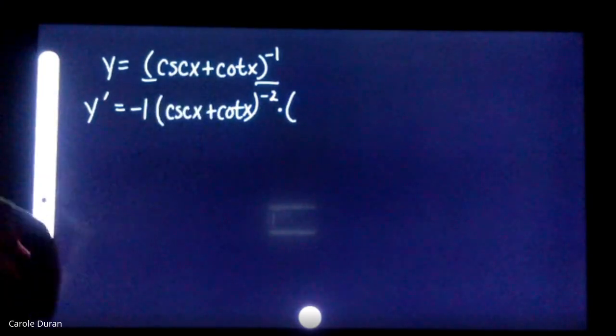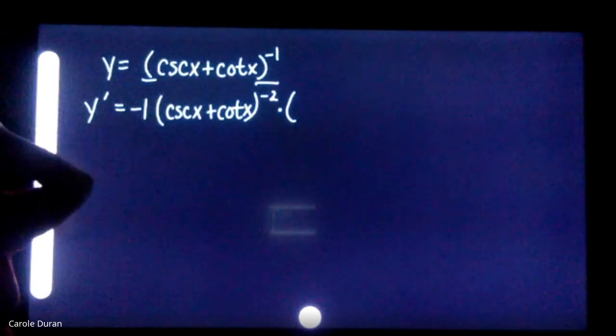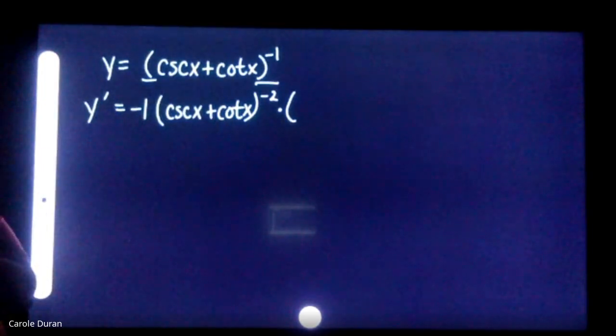Okay, so it is addition, which means it's going to be simple individual derivatives that I will then add together. What's the derivative of cosecant of x? Come on, it's in your notes. Negative cosecant of x, cotangent of x. Perfect.